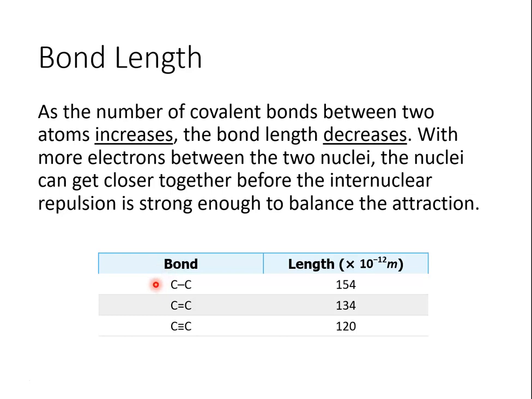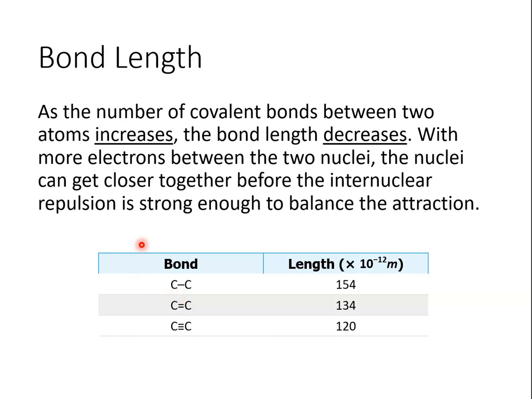So if we classify a single bond as two shared electrons, the length of that bond will be longer than if we have a double bond, which would be considered like 4 electrons, or a triple bond, which would be like having 6. The reason for this is that the nuclei are positively charged and they repel each other.